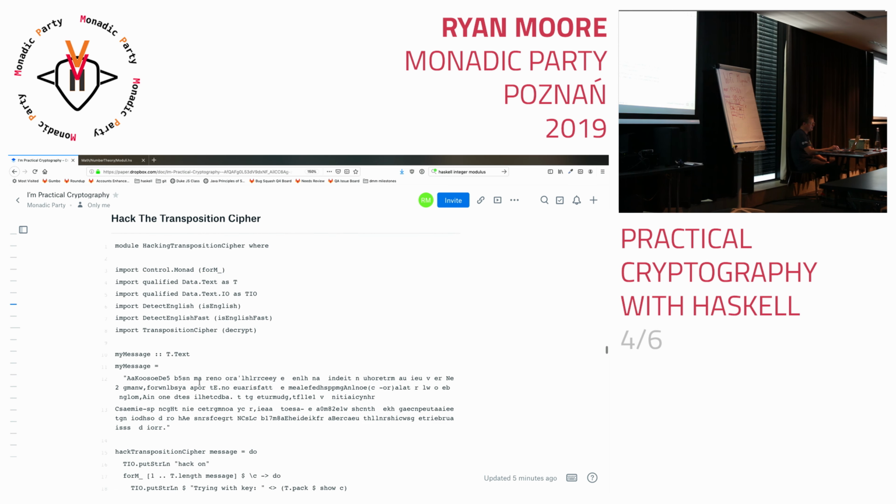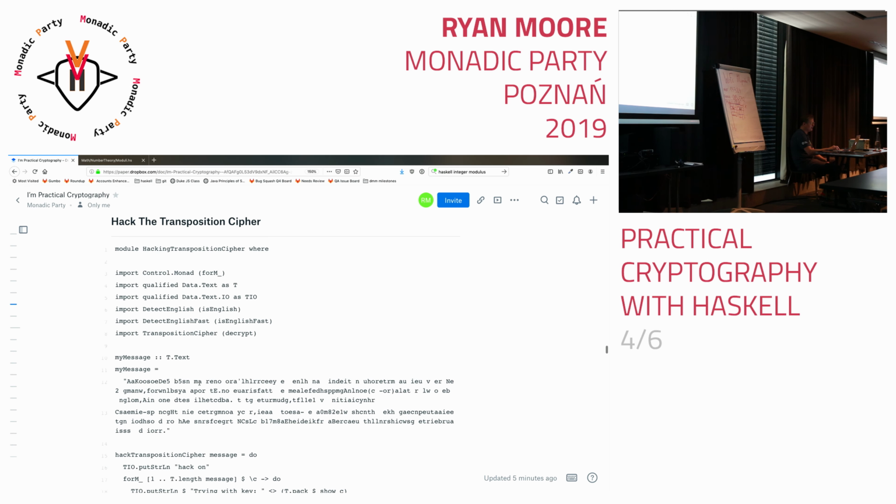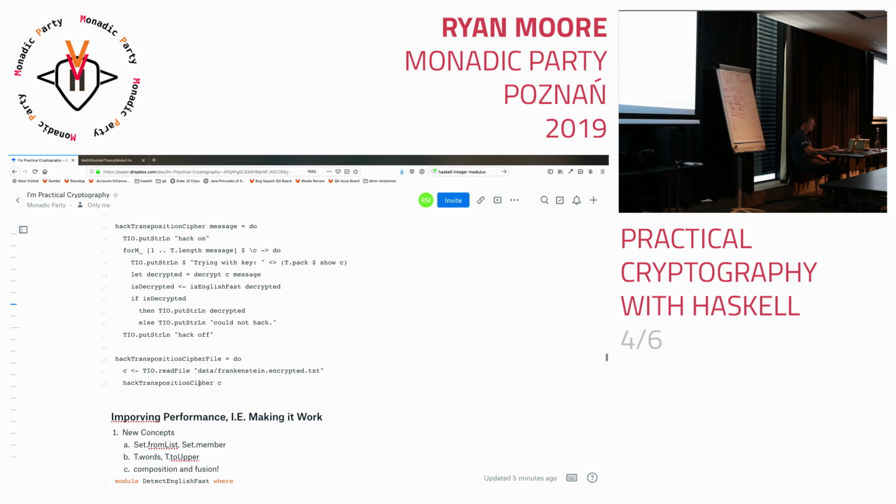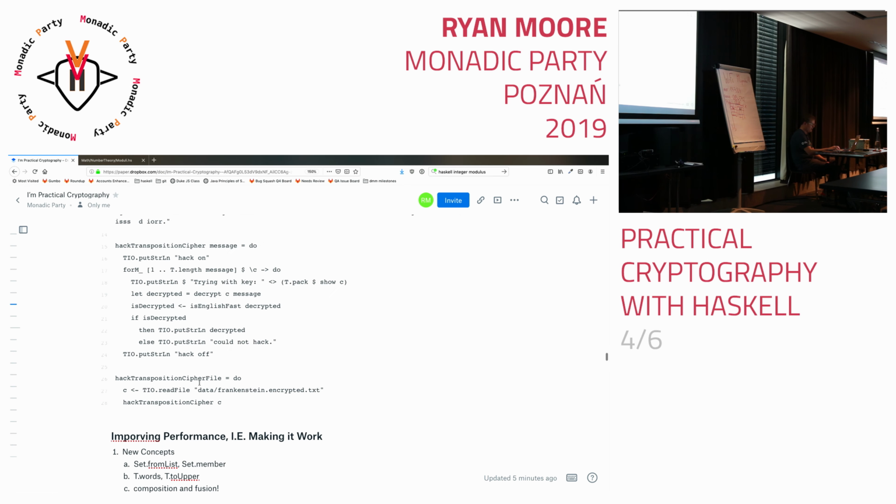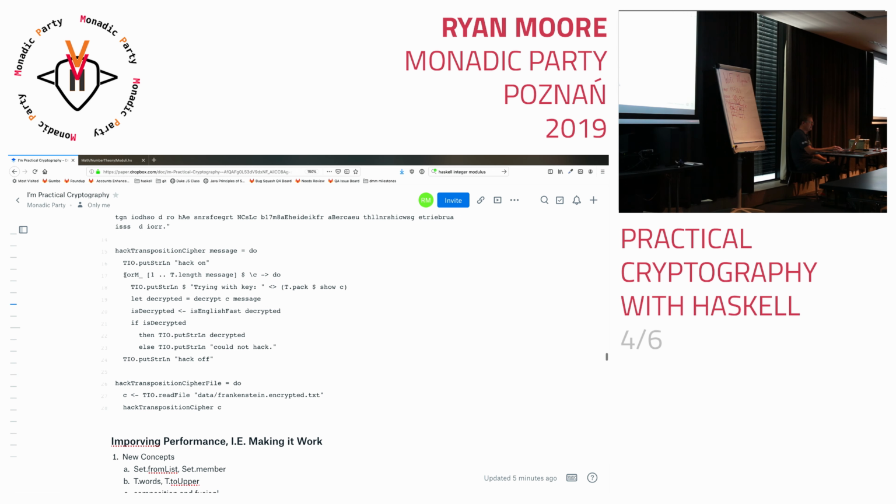So then with hacking this, we can use the forM monad control structure, which takes a list of things and a function that returns a monadic action, and it runs that action for each thing in the list.